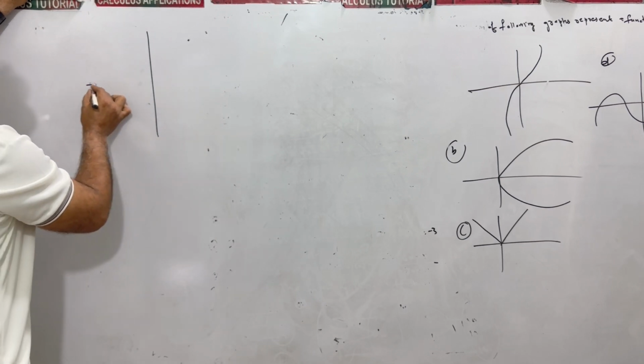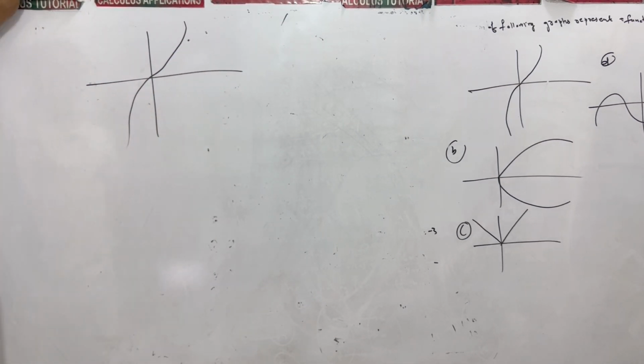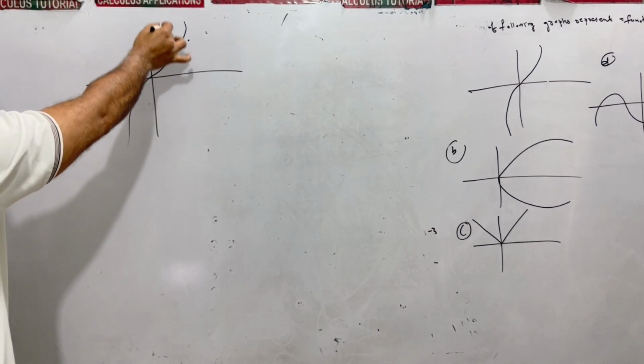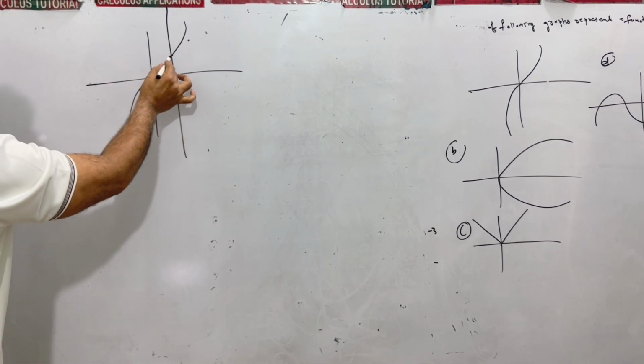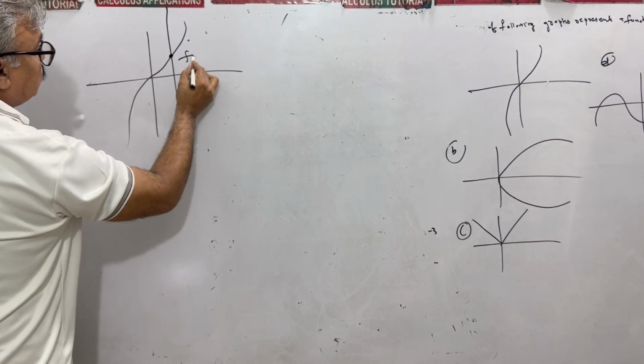Let me draw the first one for you again. We have to draw a vertical line upon this graph. If it cuts exactly at one place, it's a function.